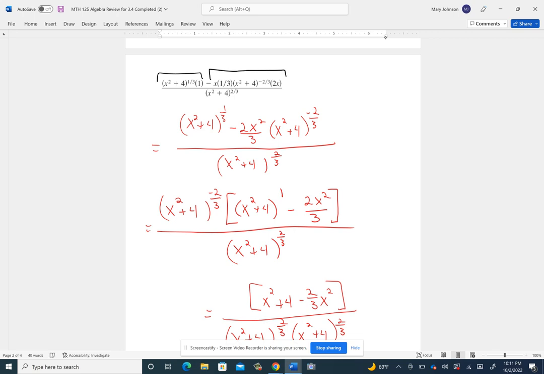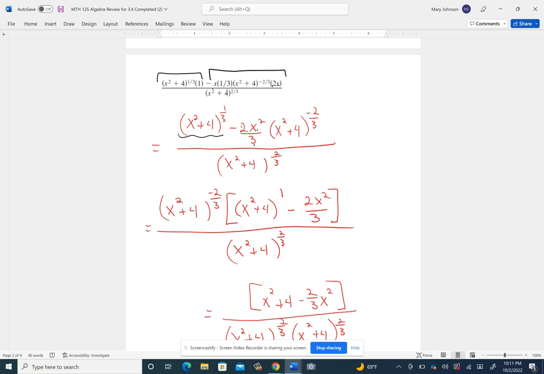There's only multiplication between the parts of it. So the first bracket is just this. The second bracket had a 2 times a 1/3, which is 2/3. It had an x times an x, which is x squared, and then it had the x squared plus 4 to the negative 2/3 power.